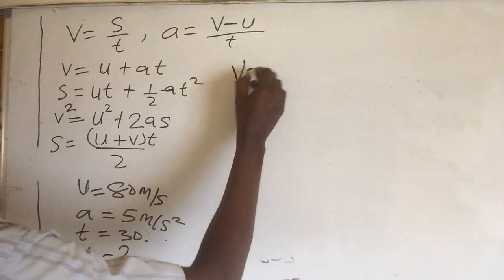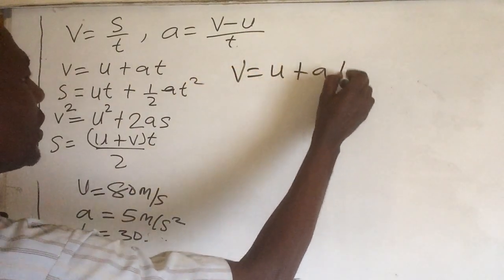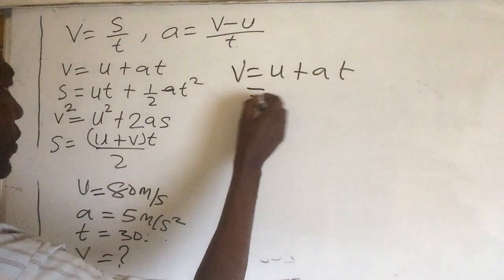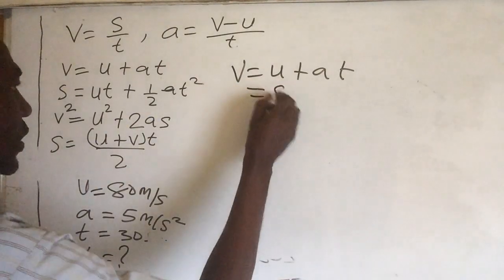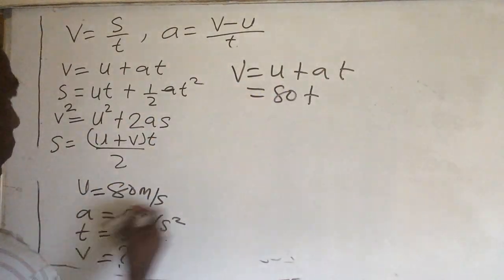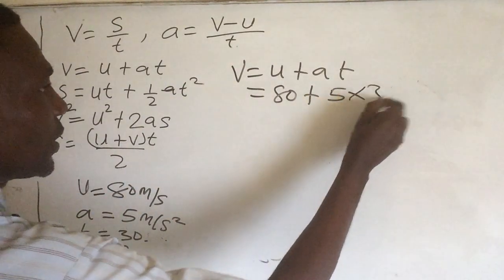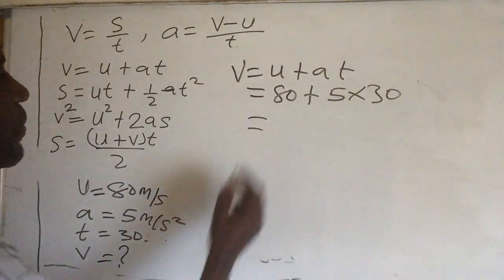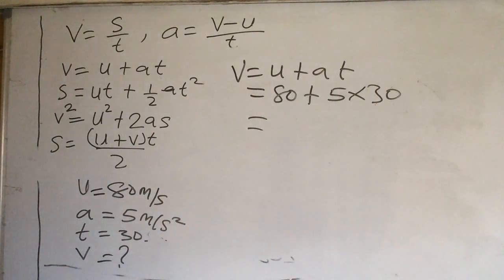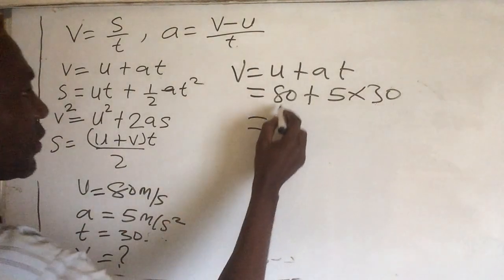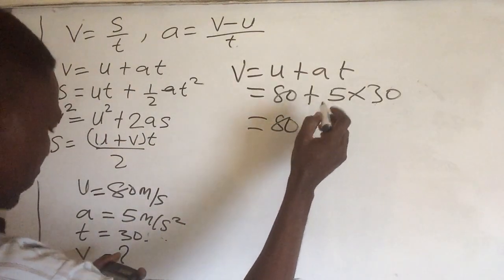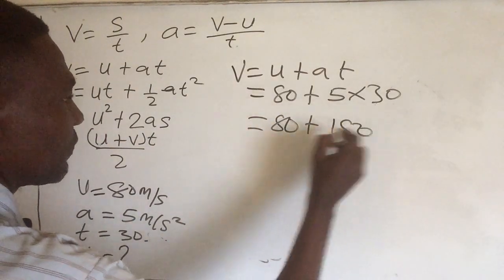Now we use V equals U plus AT. U is what? 80. A is what? 5. Then T is what? 30. Now, 5 times 30 will give us 150.